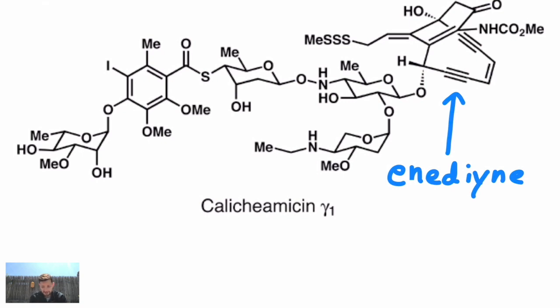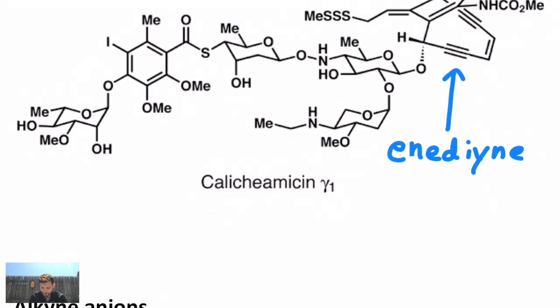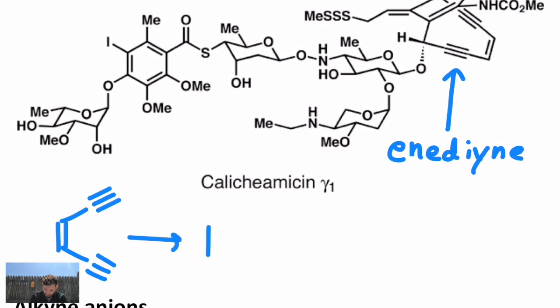It's believed that this enediyne undergoes a special type of cyclization, which I'll show you right here, a generic enediyne, that forms a diradical on a six-membered ring. That looks like that.